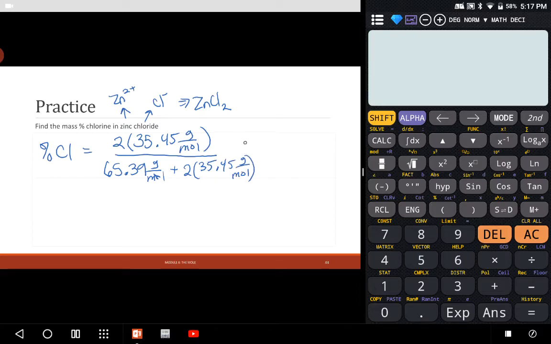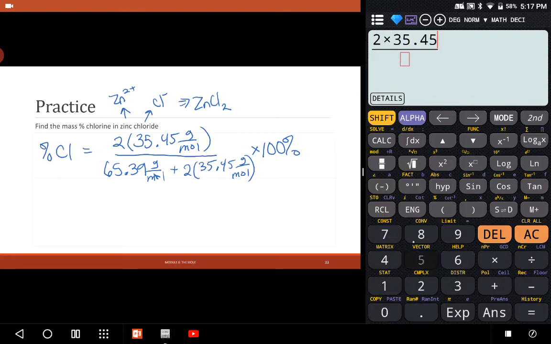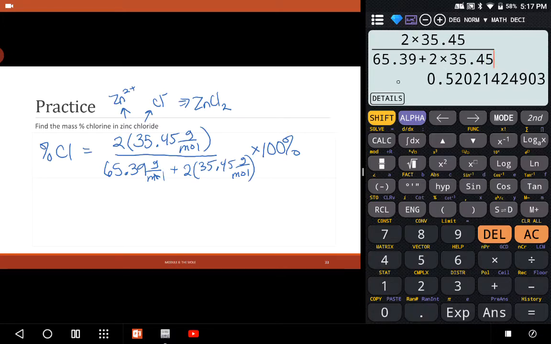And so now I got to type that into my calculator. So bust out the nice parentheses. 2 times 35.45 divided by 65.39 plus 2 times 35.45. Make sure that matches what I tried to type in before.